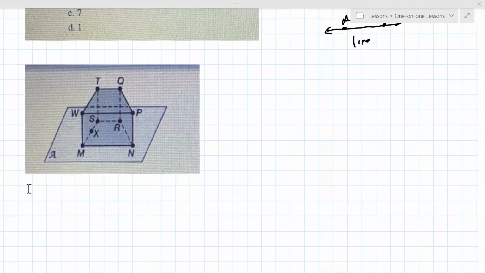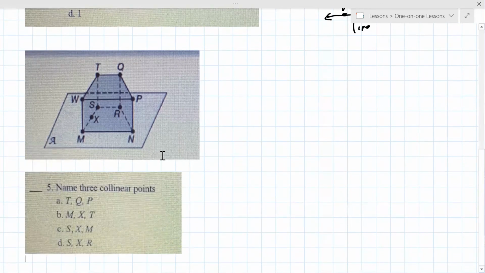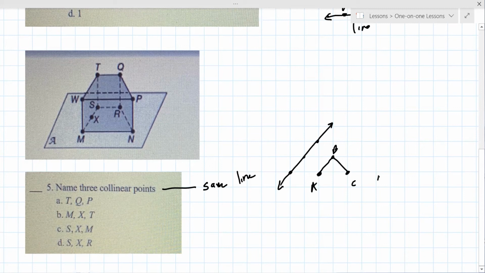That means, and this is the definition, they have to be on the same line. We know that a line is infinitely extended in each direction. It can't be disjointed, like there's a point and then there's another point over there. Like if that's A, B, and C, these are not collinear.